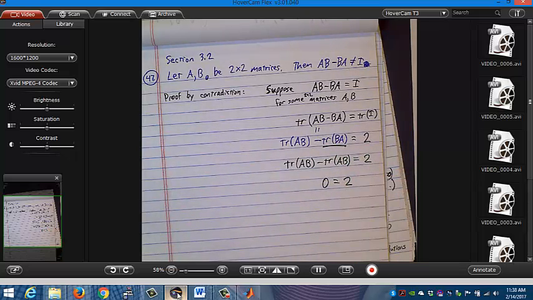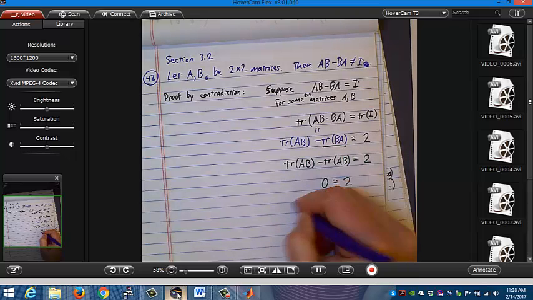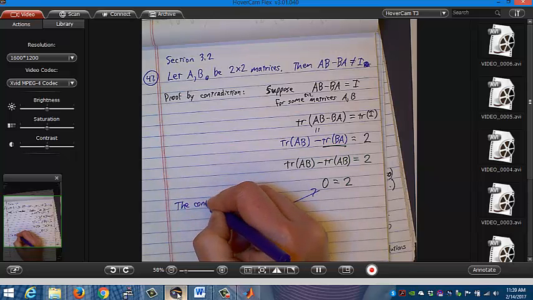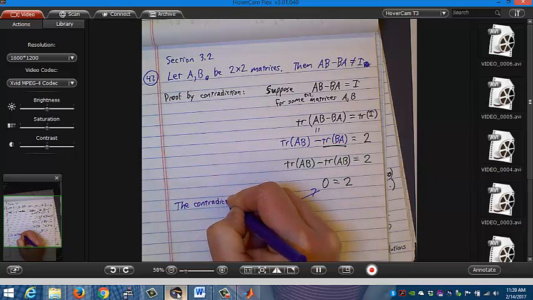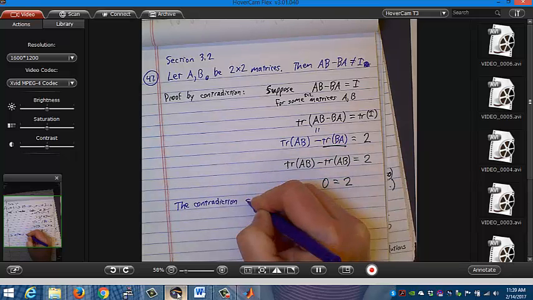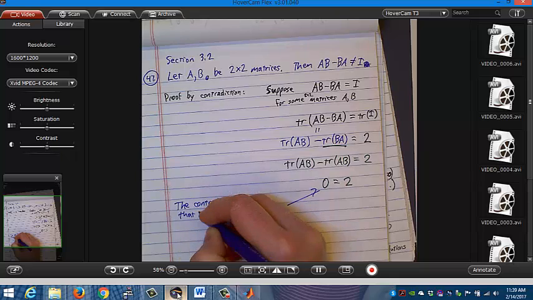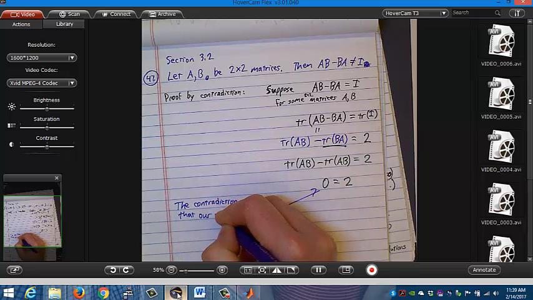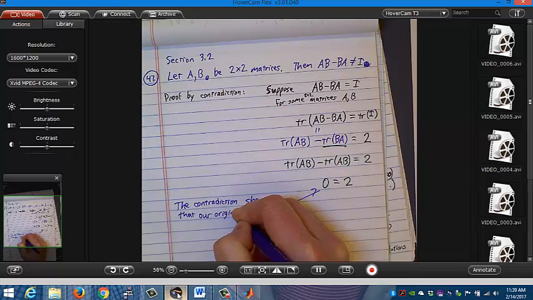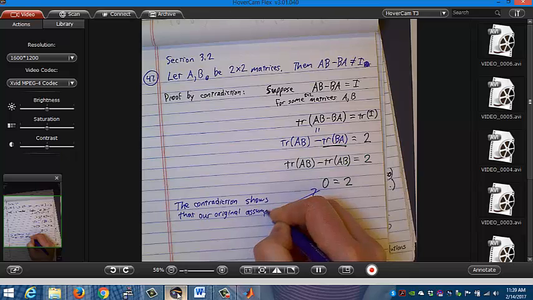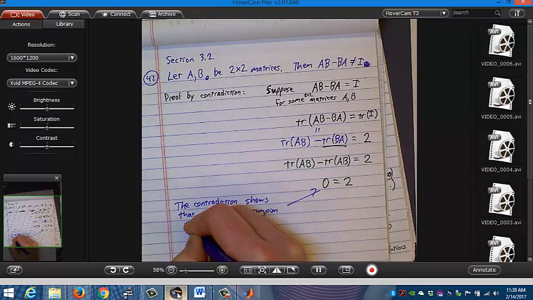But that's false, right? The way the proof by contradiction works, the contradiction shows that our original assumption is false.